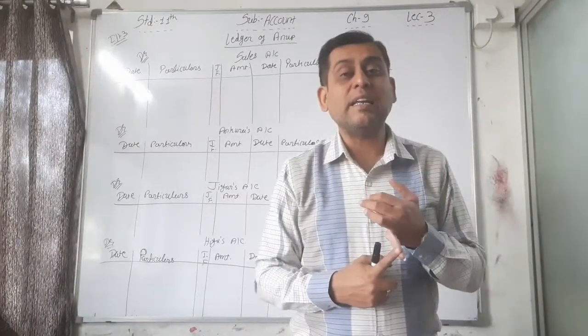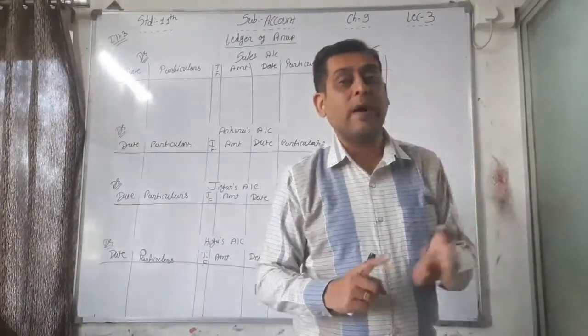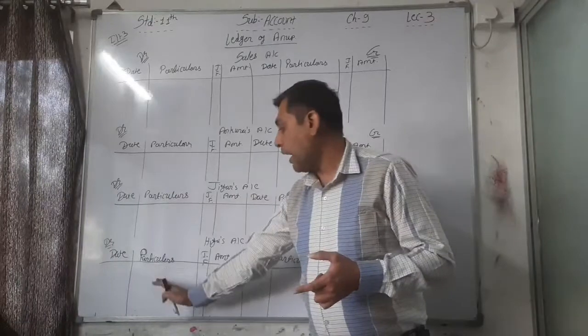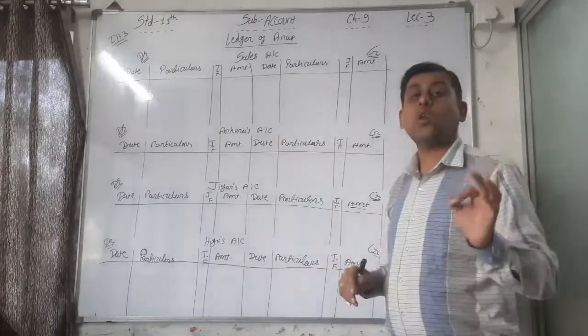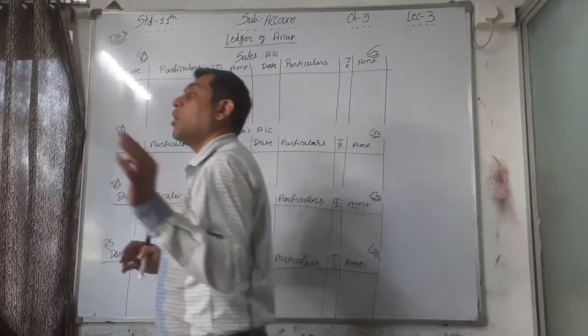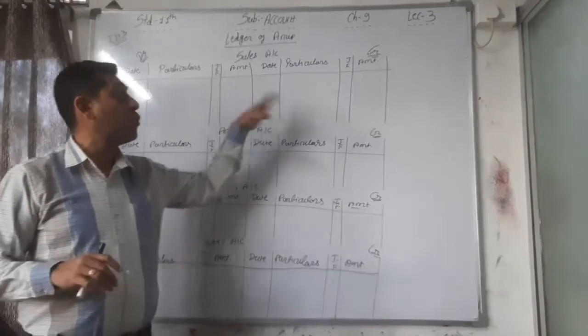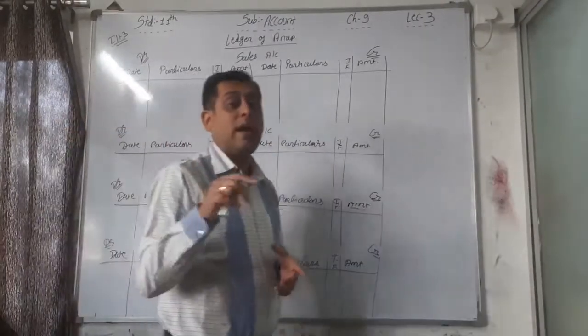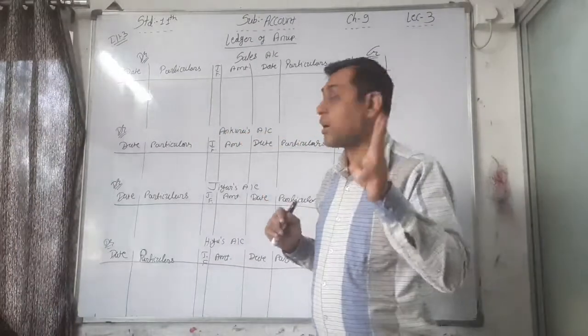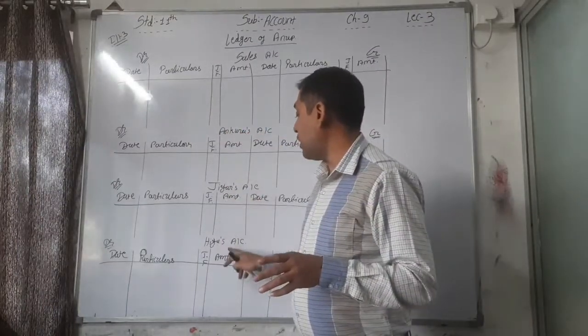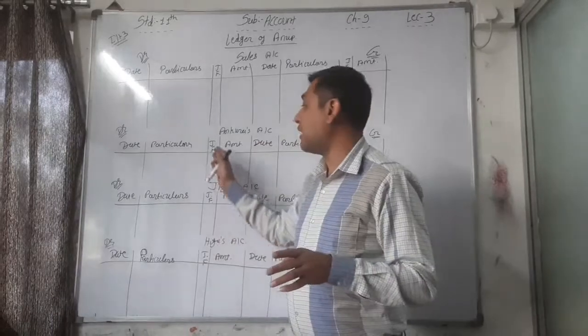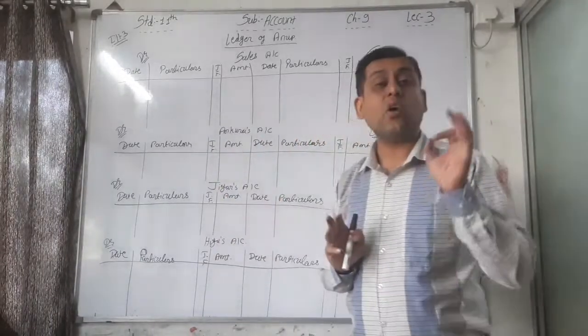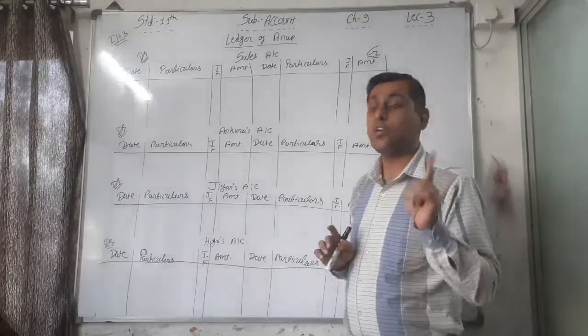The party name is always debited, debit the receiver, and the sales account is always credited. So the total of the sales book we have to record on the credit side of sales account, and the three parties, Ankura, Jigar and Hia, are always debited because debit the receiver.